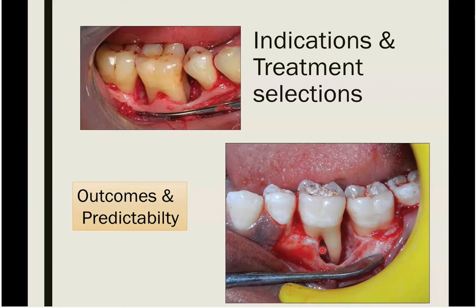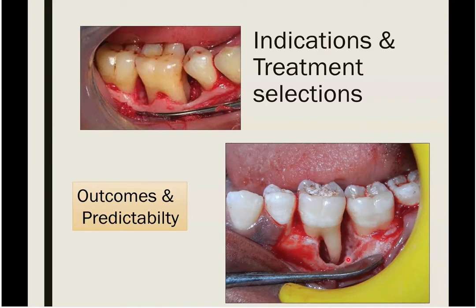That's when we usually incorporate root conditioning agents such as tetracycline paste or EDTA gel or citric acid to treat the roots before we go ahead and graft, to make sure we've got everything cleaned.